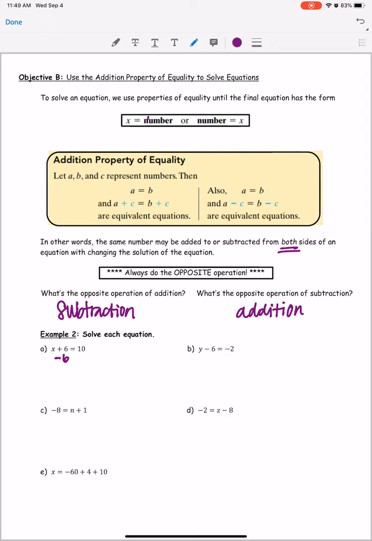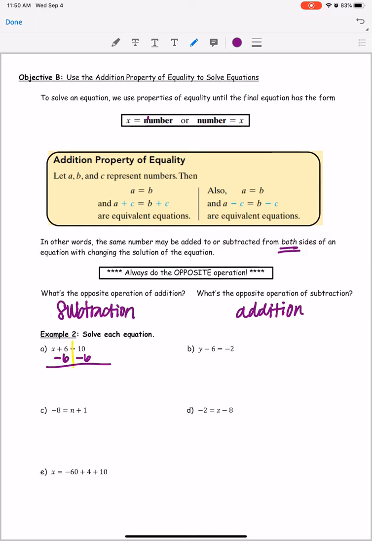So I'm going to subtract 6 from this side. Now, what I do to one side of the equation, you must do to the other side. You'll see a lot of times that other professors or teachers will put this little line right here on your equation. That's your scale. That's what you have to keep balanced. So if I subtract 6 from the left, that means I have to subtract 6 from the right as well.